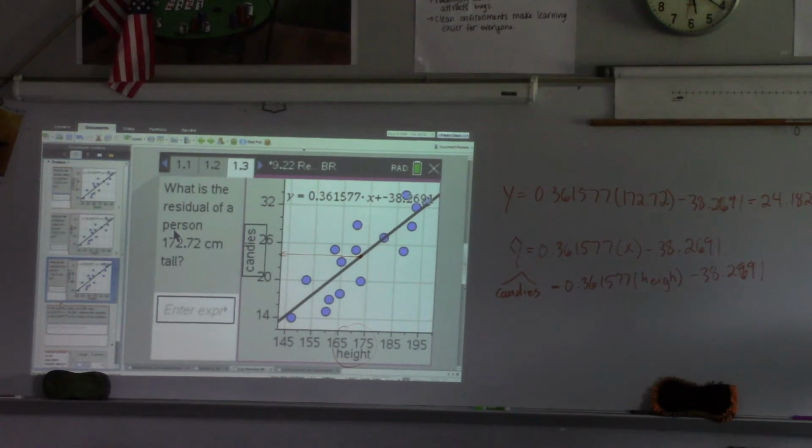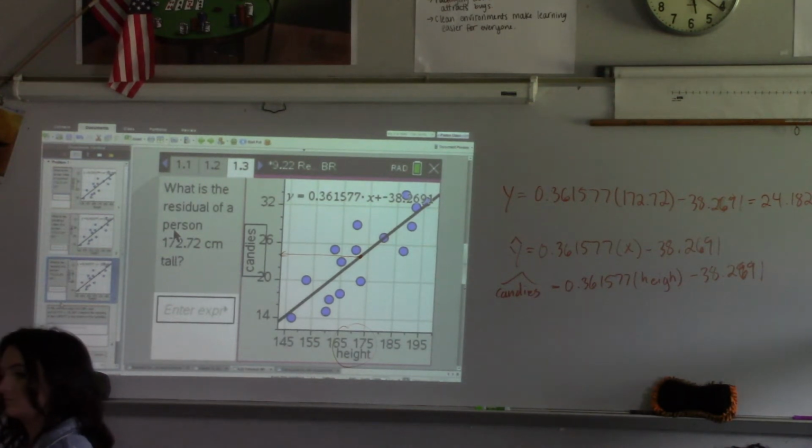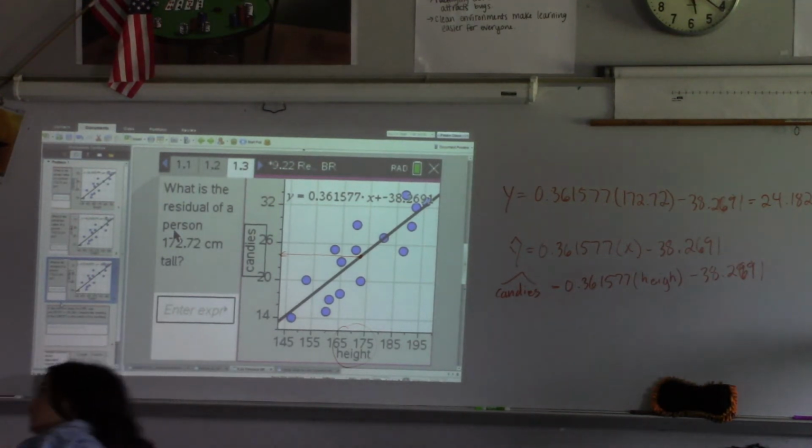Raise your hand if you think it is the first option, predicted minus actual. No. Raise your hand if you think it is actual minus predicted. Looks like that's the majority of us. So maybe the actual minus predicted.